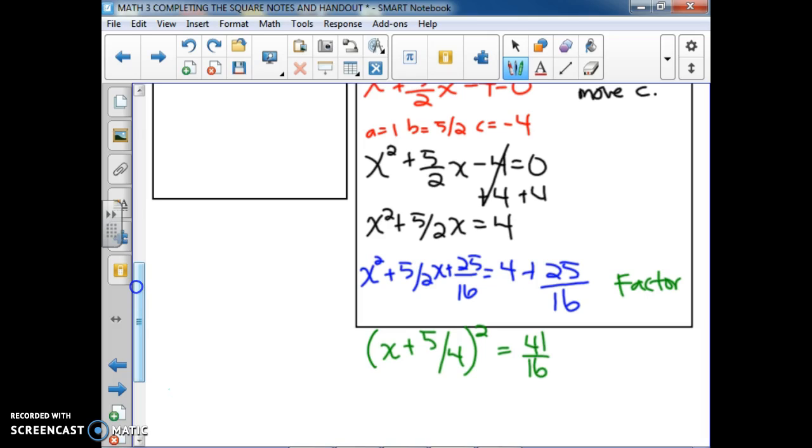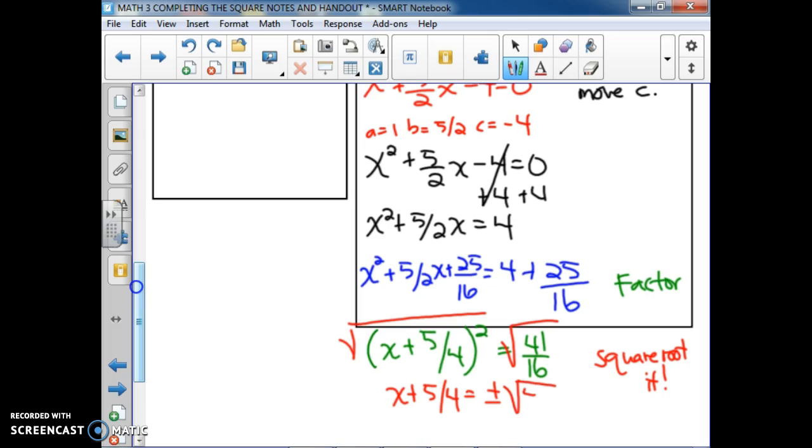The next step is to square root both sides. This gives me x plus 5 over 4 equals plus or minus the square root of 41 over 16.